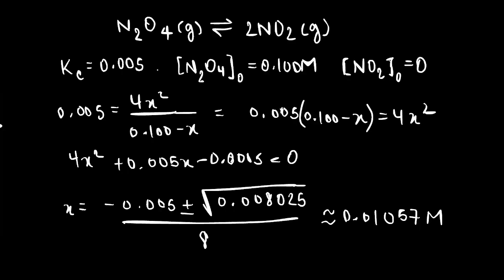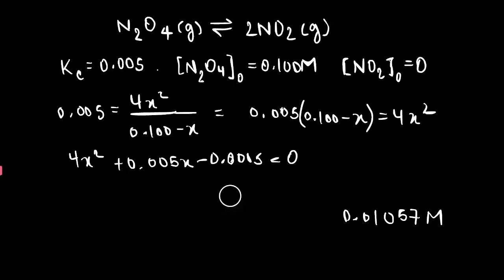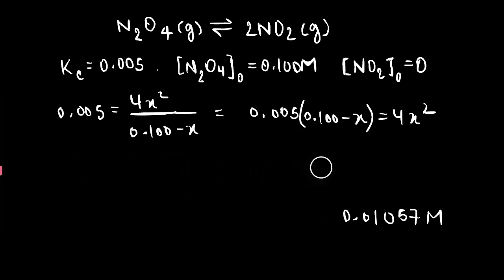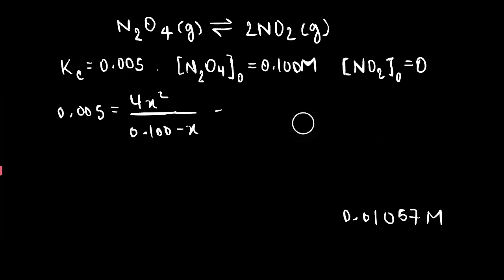So now that we've gotten this x here, let's clear up some space. We figured out this value of x. We can then finally get our true equilibrium values, same way that we were doing before. So our N2O4 is just going to be 0.1 minus this number.